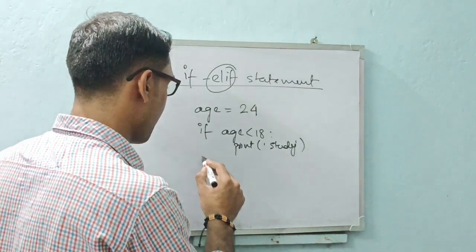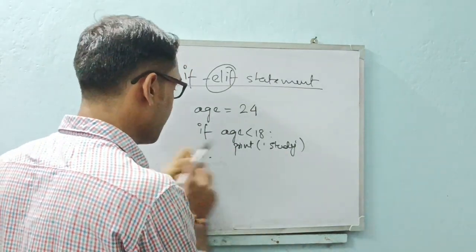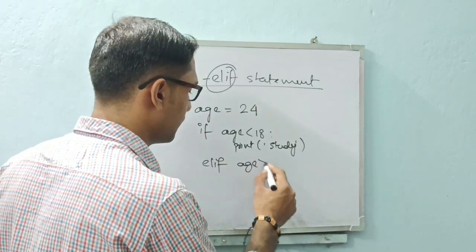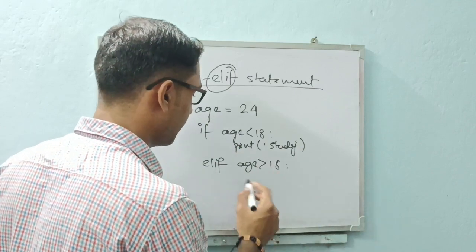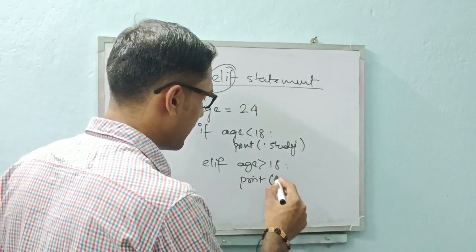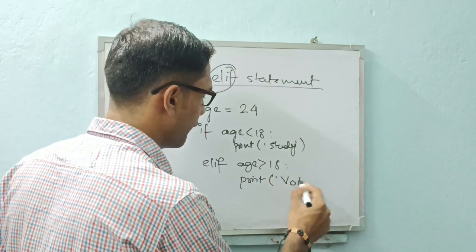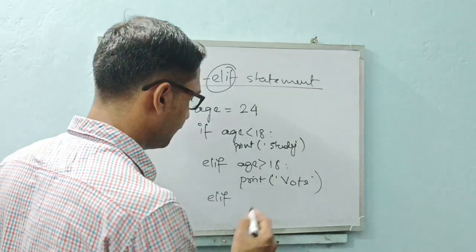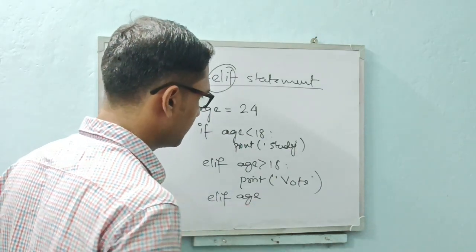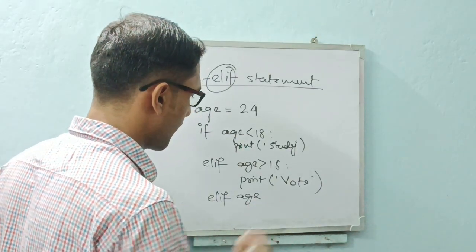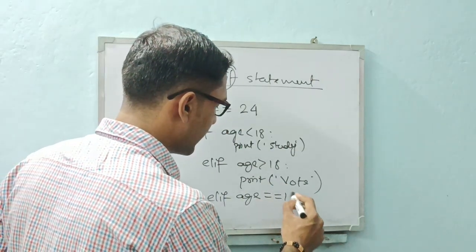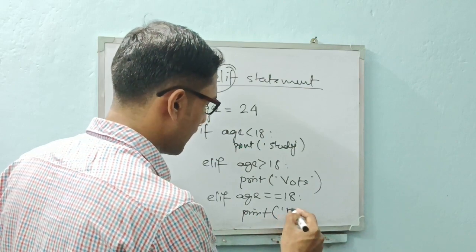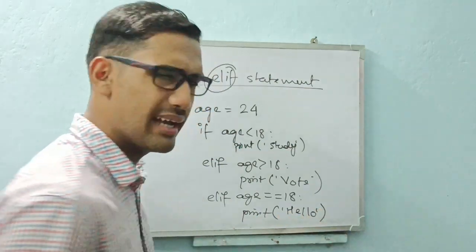Then elif age greater than 18, then print something. Then elif age equals 18, print anything.